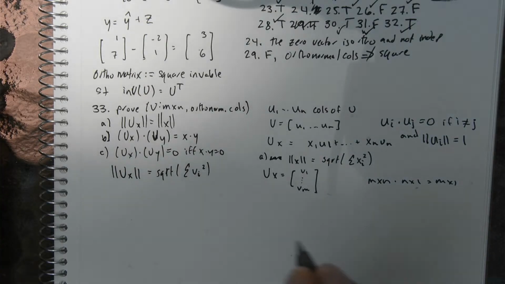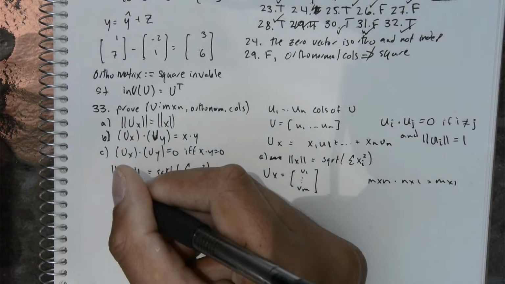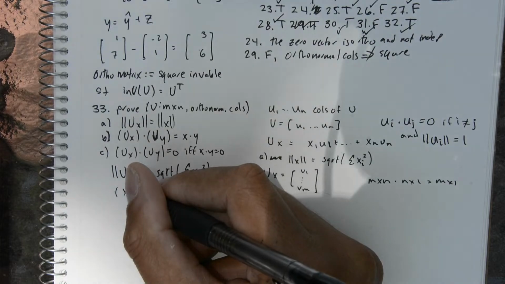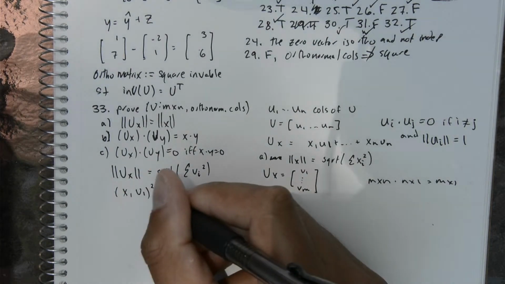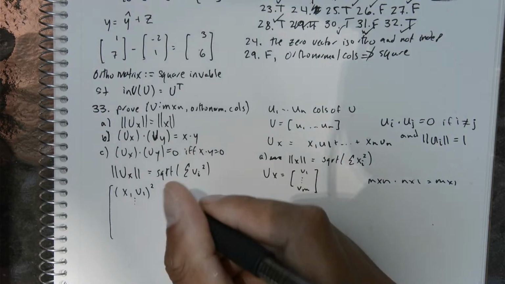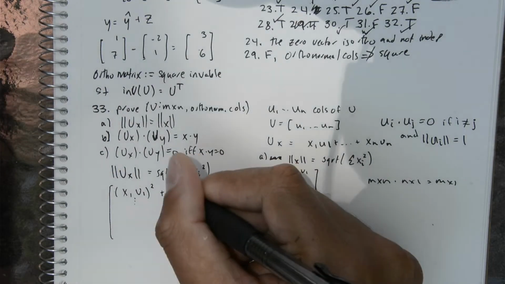So what we're going to get actually is x1 u1 squared plus x2 u2 squared.